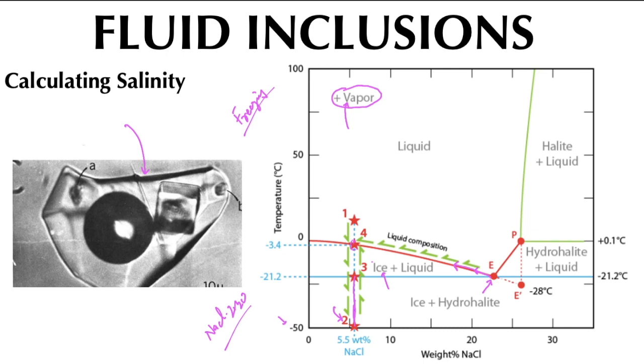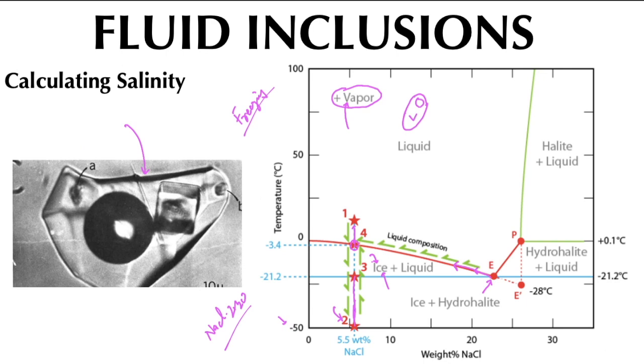Now this is the point where the last crystal of ice is melting. That means after this point it will leave the system, right? But we just want this point where the last ice crystal melts. When the last ice crystal melts, at this point in this inclusion, you have a vapor, a bubble, and liquid, right?